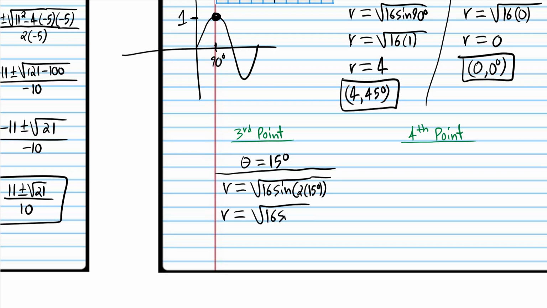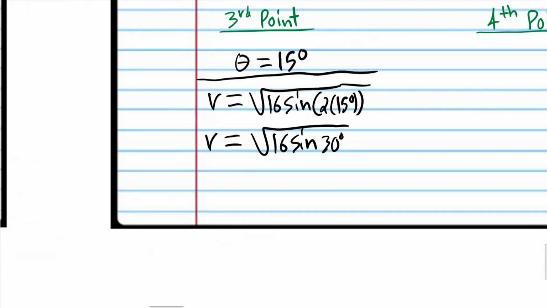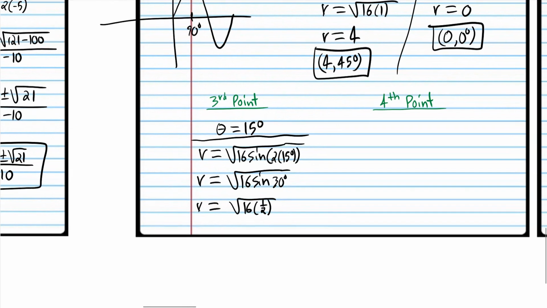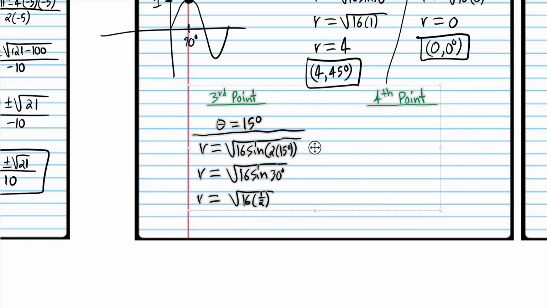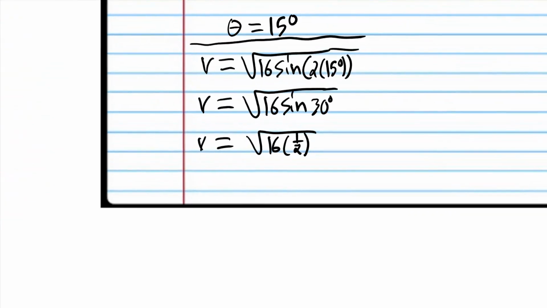We have 16 times sine 30 degrees. Sine 30 degrees is 1/2. We don't need a calculator for that if you know your trigonometry. And long story short, we're going to end up with the square root of 8. And you can use your calculator for that. But we can write it as 2 root 2.